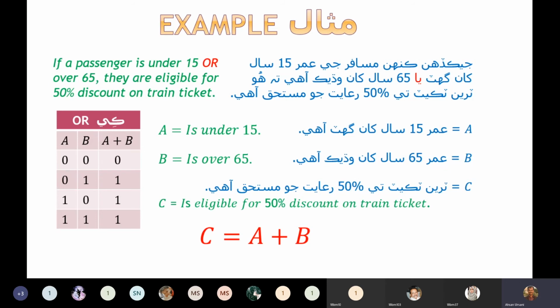This complete logic statement has a sign of equation. On the left hand side is the output variable, on the right hand side are the input variables. The relationship between the two is that when we perform OR operation between A and B, it gives us C.